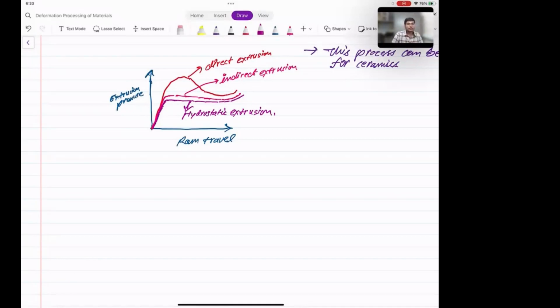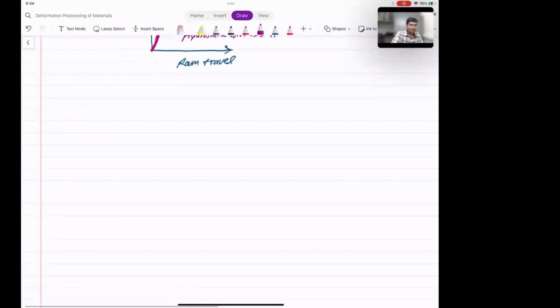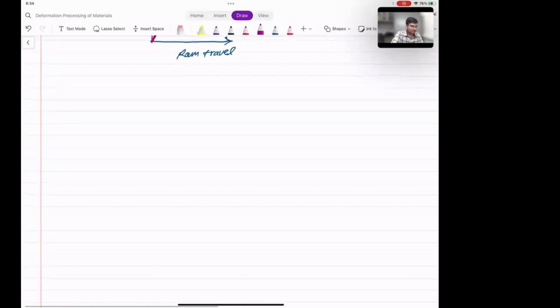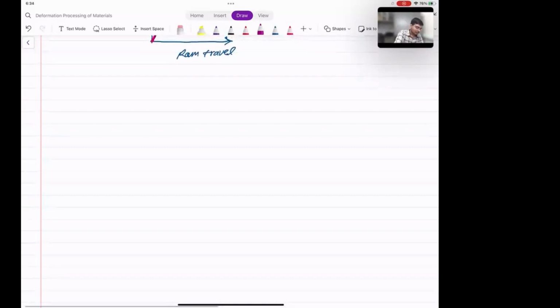So now let us see another process which is used. We will just see the overview of how tubes are extruded. Okay, so the tube extrusion process. It is done in a similar manner to these extrusions, but the only difference is that a mandrel is used as a core, so as to produce the hollow section of tubes.